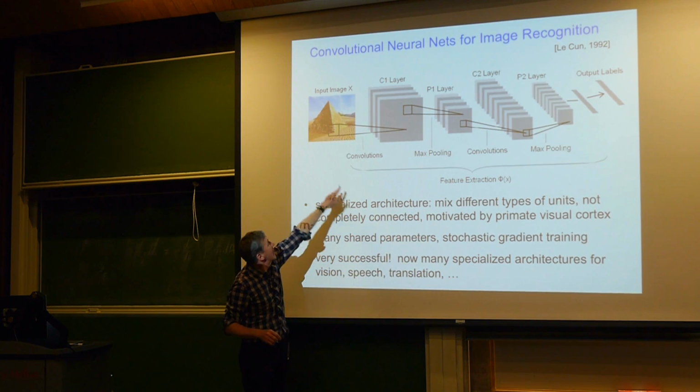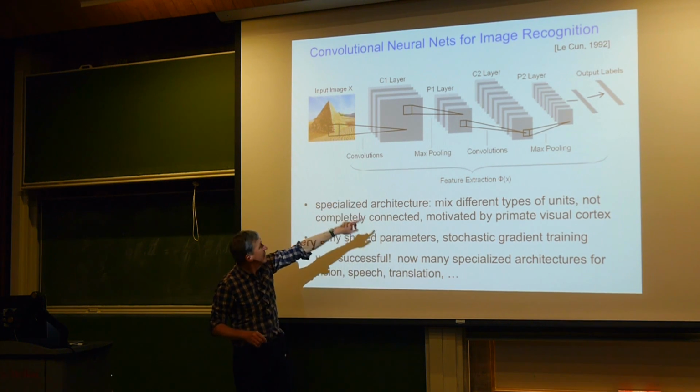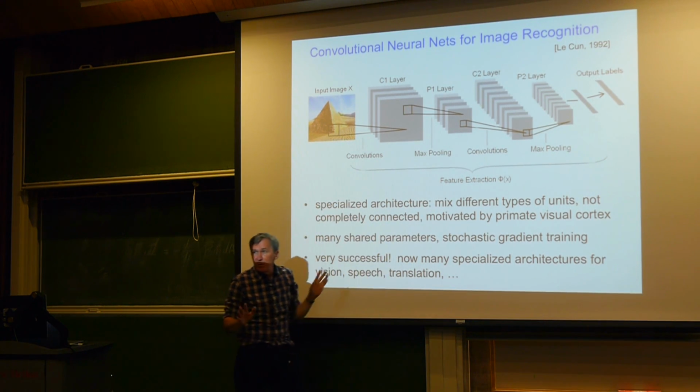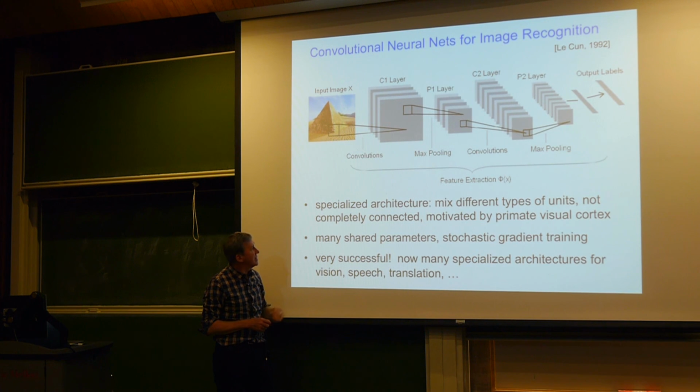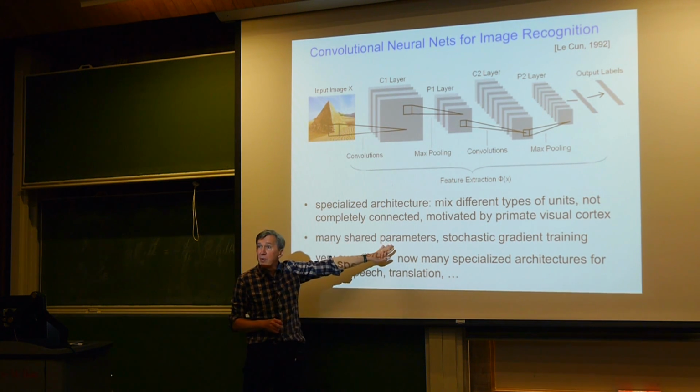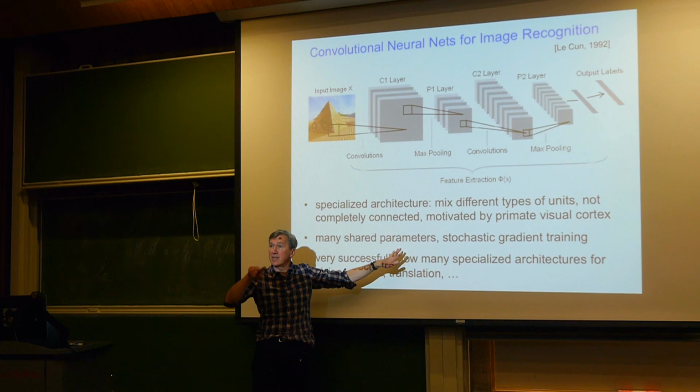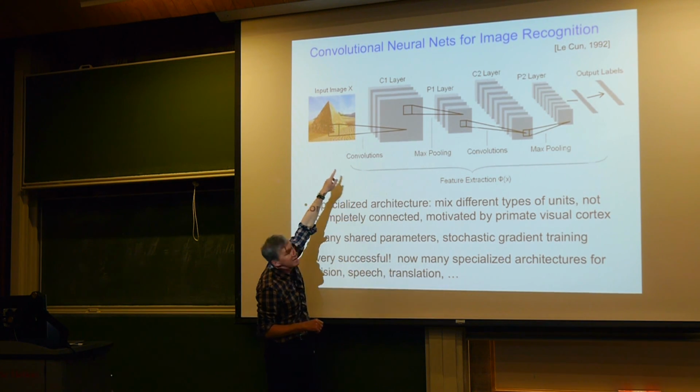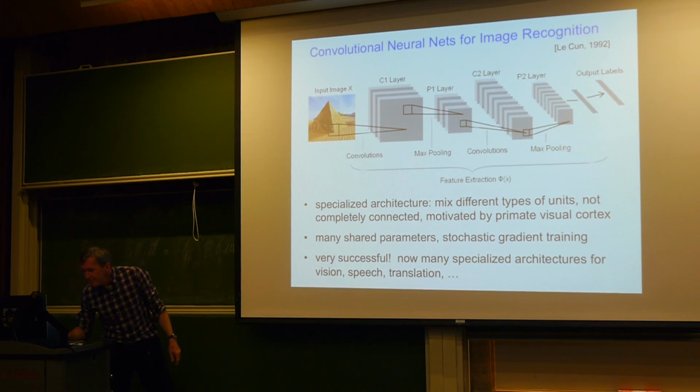But the net effect is it's another kind of specialized architecture that mixes different types of unit. It's not completely connected, and it's motivated loosely by primary visual cortex. Again, there are many shared parameters, just like in our recurrent neural network. Here the sharing happens, for example, at this level. These convolutions, each point gets a different field of view in the image, but the weights that are used to analyze that rectangle are the same for this rectangle as they are for every other rectangle.